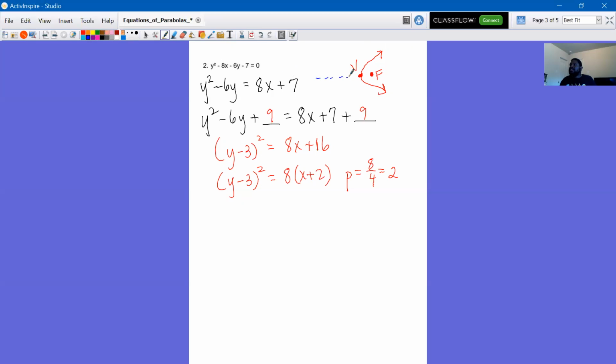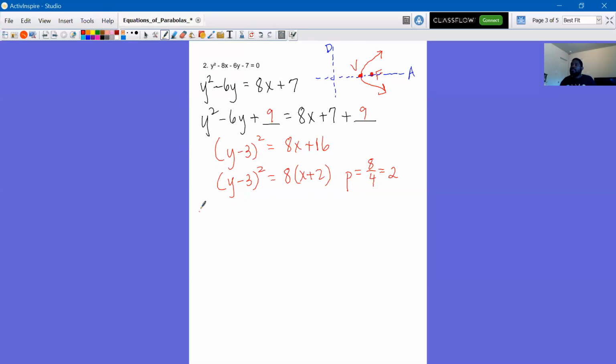My axis of symmetry goes through the vertex and the focal point. And then my directrix is outside my parabola, or to the left of this parabola.